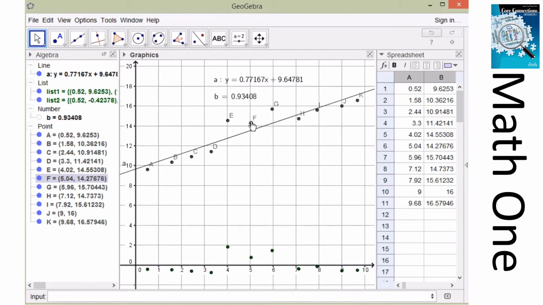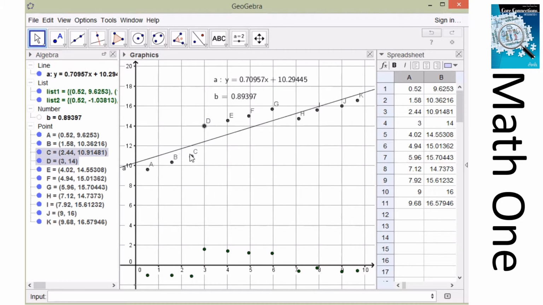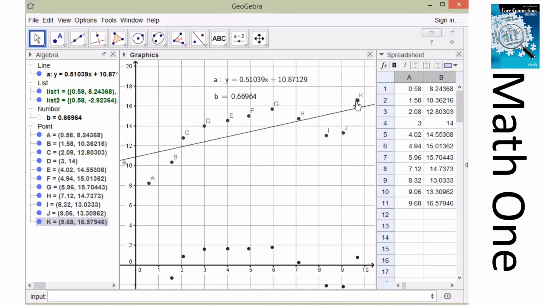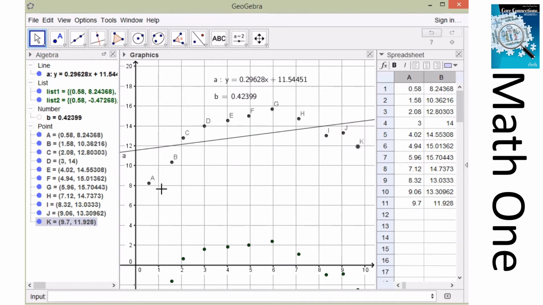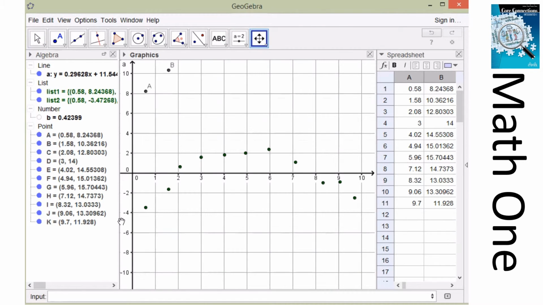Now, one of the things to look for is when you see in your residuals a clear pattern where the data points are above and below. If I look below here at my residual plot, because I see this kind of pattern, probably a linear model is not the best model for this data.